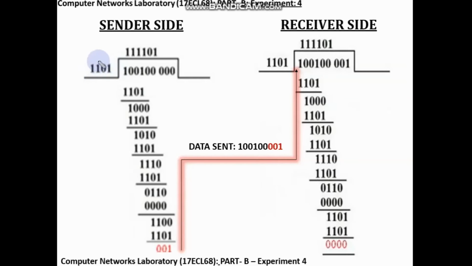This one is g(x), and this one is the actual message polynomial in terms of bits, and 3 zeros have been appended to this message polynomial because the generator polynomial has 4 bits and its degree is 3. That's why 3 zeros are appended to this actual message polynomial, and in total this one is the final message polynomial at the sender side.